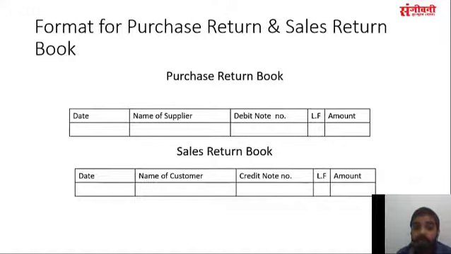In the purchase return book, we issue a debit note number, because you have not entered it into the cash book, but as the purchase is an expense, you had debited previously, so you issue a debit note number so that he can debit from his book, ताकि वो उधर से माइनस कर सके, और उसी तरह opposite credit note number.